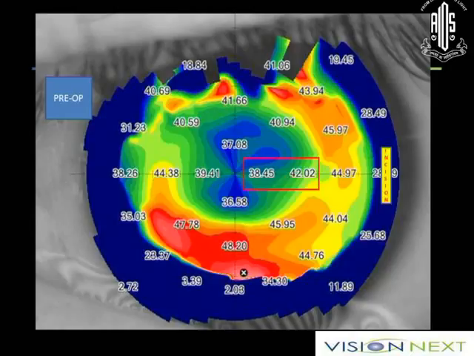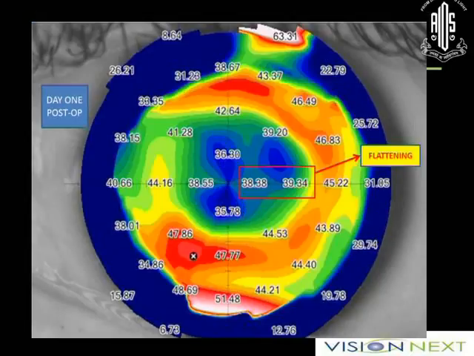We will look at 38 and 42. My incision was temporal, 38 and 42, which after the surgery becomes 38 and 39. So normal surgically induced astigmatism would be around 0.5 to 0.8. In this case, it went flat by 3 diopters, which explains that in these cases the flattening is a little more.